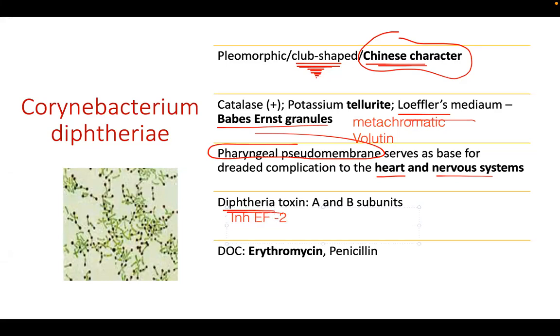Now, what is the other organism which also inhibits elongation factor 2? Okay, a very important organism. It's Pseudomonas. Okay, Pseudomonas. So please make sure you have this.